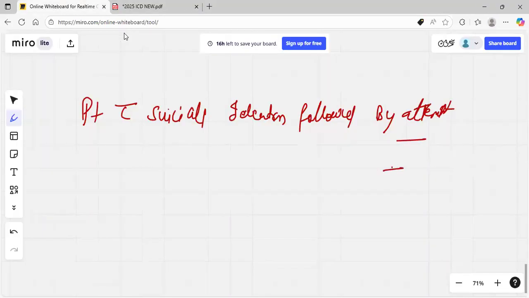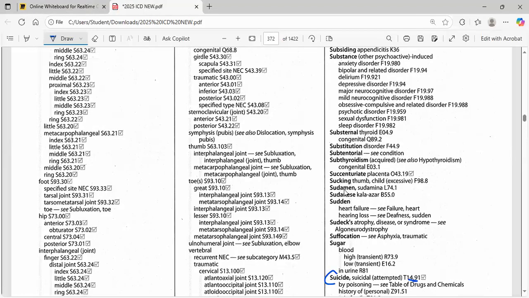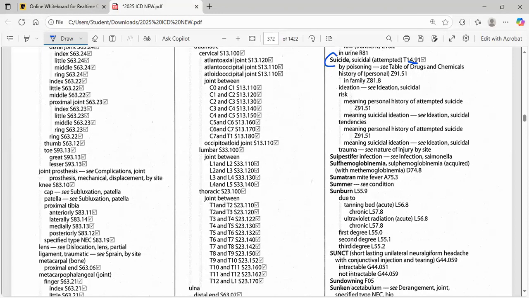So for the attempt, that is T14.91. And now we have to look for the ideation. To find the code for the ideation, we have to look for ideation first, followed by suicidal. Then we will look for the ideation.